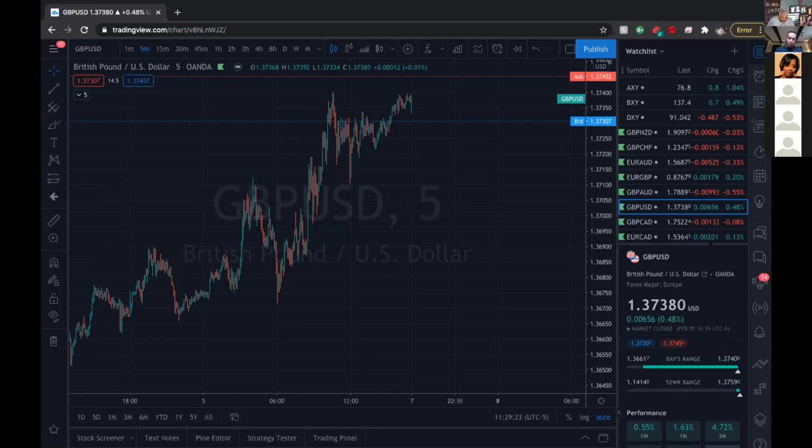But in general, just have in mind that pairs that include GBP, the British pound, and pairs that include the Japanese yen specifically are known for, number one, being relatively unpredictable, and number two, for having high volatility, which just means that when they move in a certain direction, relative to other pairs, they can move significantly further.